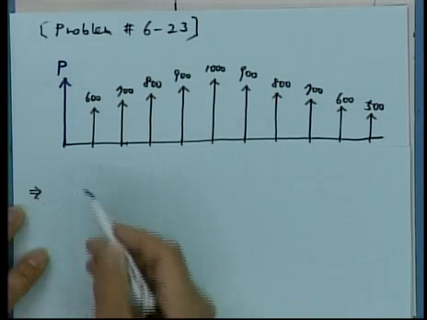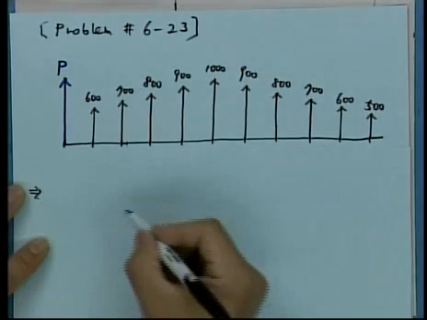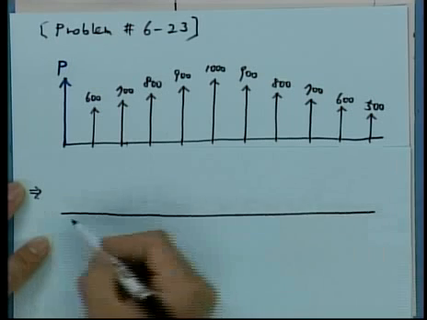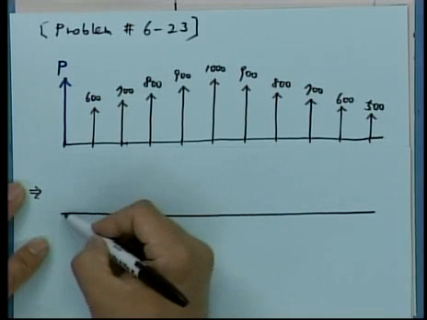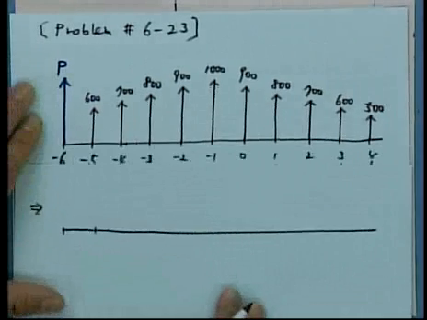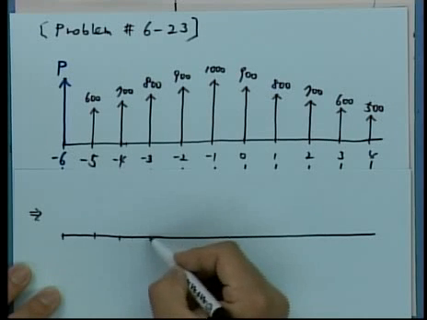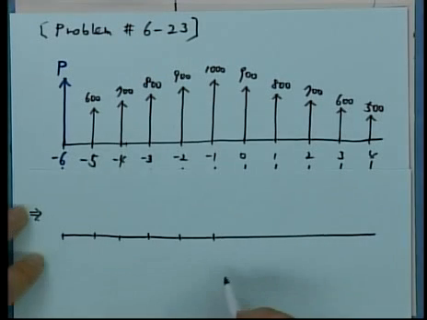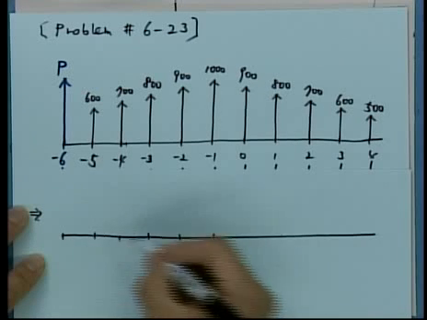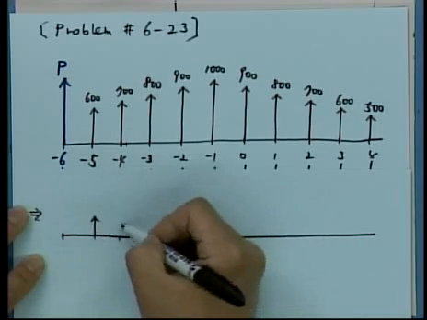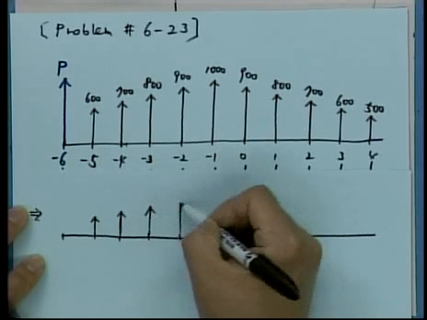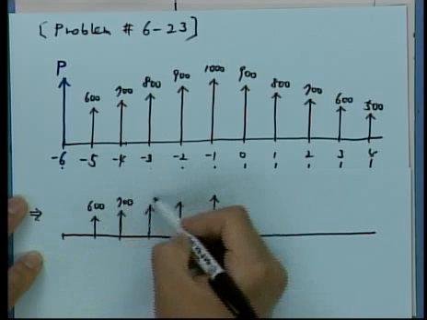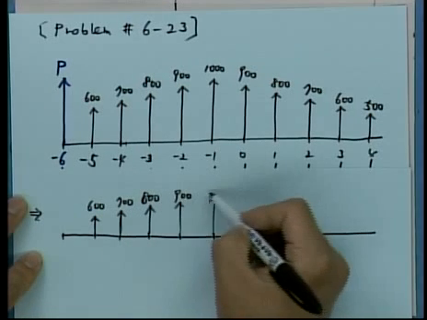So the first component has the increasing gradient of 600, 700, 800, 900, 1000.